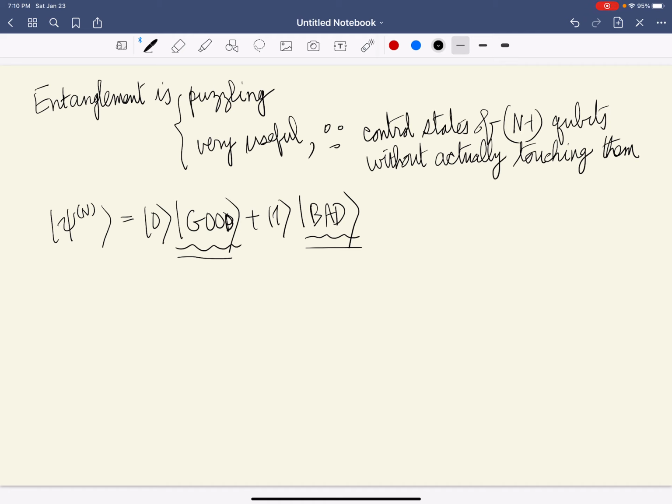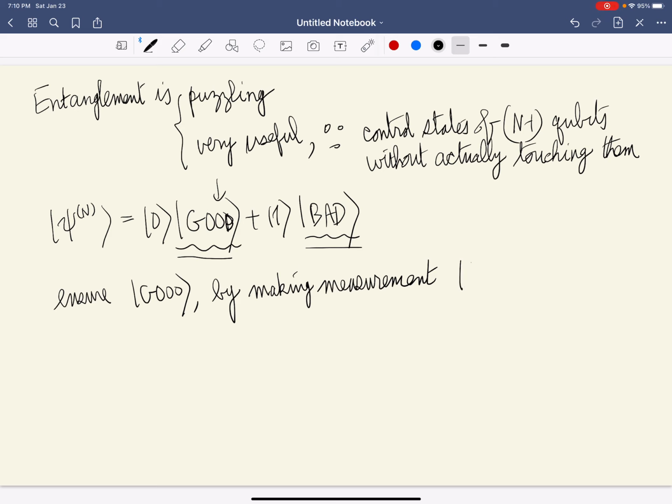Well, there's a way to ensure that. To ensure that the good state is always realized for the n minus 1 qubits, all you have to do is make measurements on the first qubit in such a way that the result will always be 1.